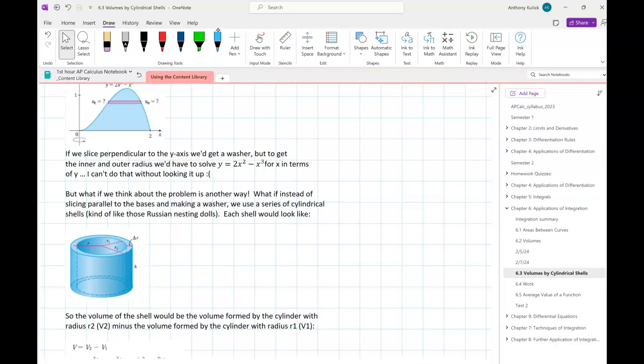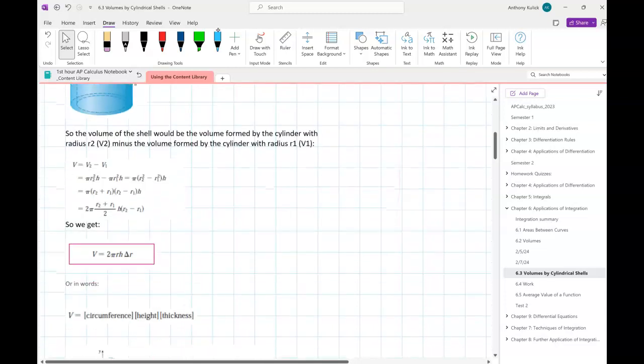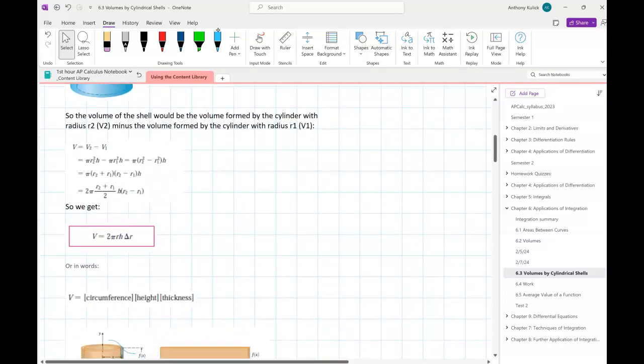Okay. So, in general, the volume of one of these hollow cylinders, one of these shells, which is what we call the shell method, is going to be the perimeter times the height times the thickness.